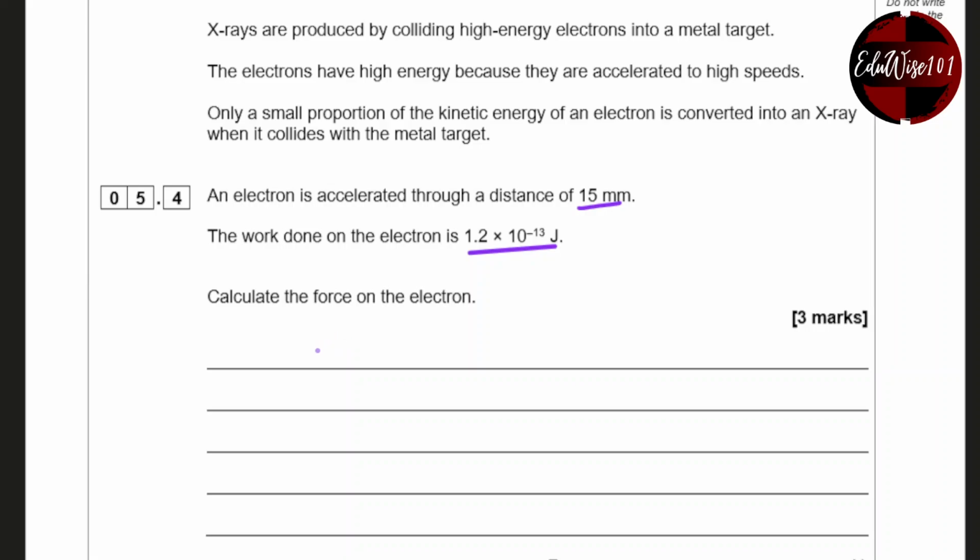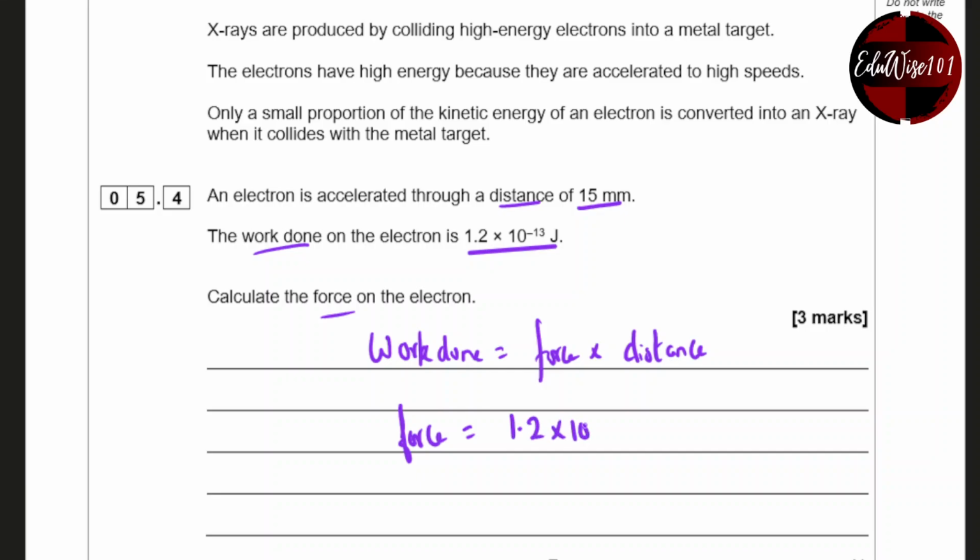Now, the equation that links force, work done, and distance is work done equals force multiplied by the distance. So the force is going to be the work done, which is 1.2 times 10 to the power minus 13, divided by 0.015.